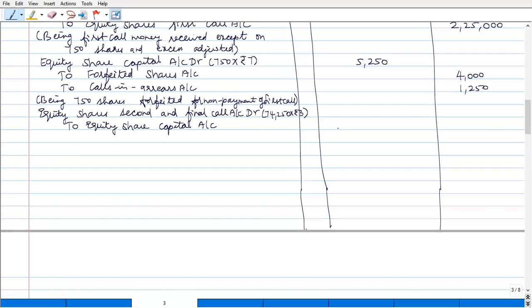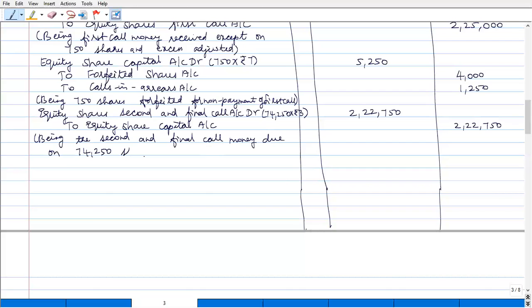So the amount is 2,22,750. Being the second and final call money due on 74,250 shares.